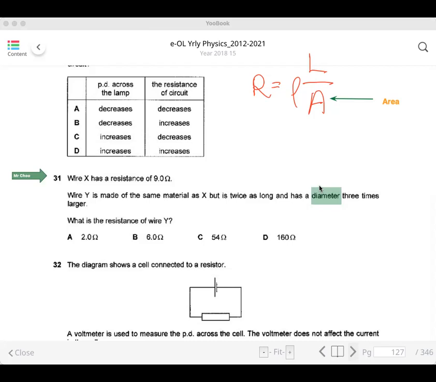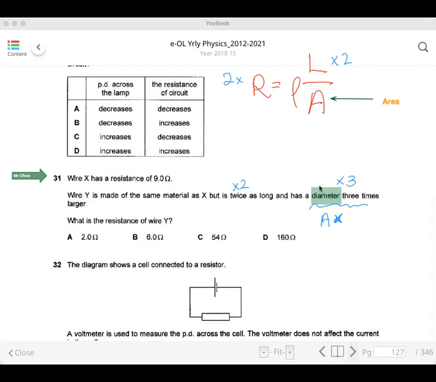If the length is increased by 2, your resistance will be multiplied by 2. That makes sense? So this is times 2. Now, if your diameter is times 3, your area will be times how much?